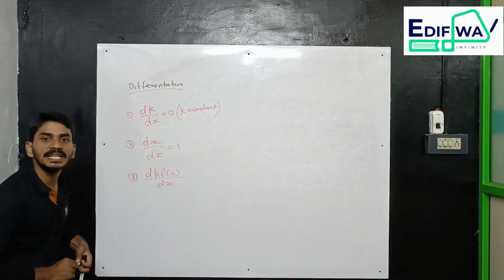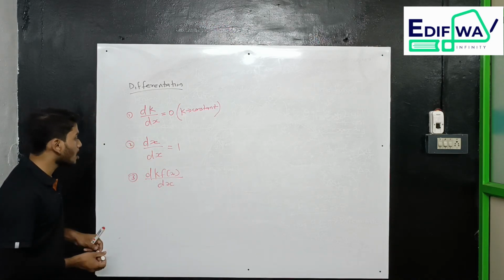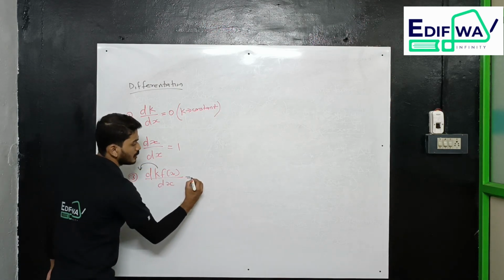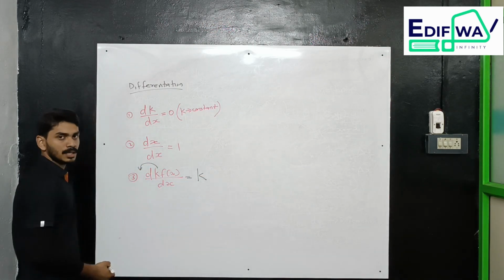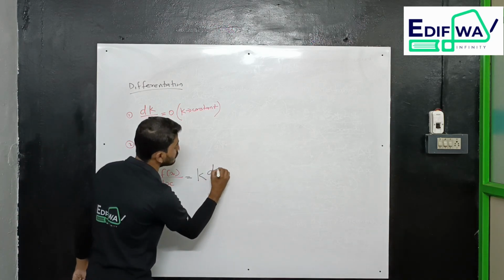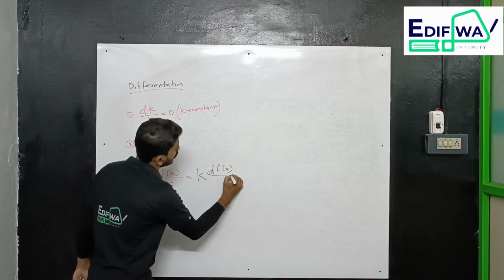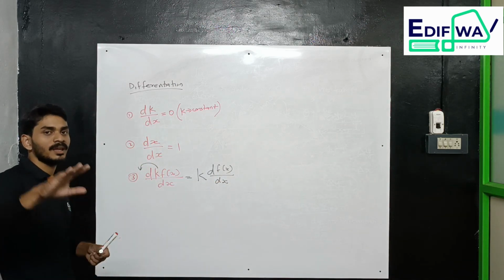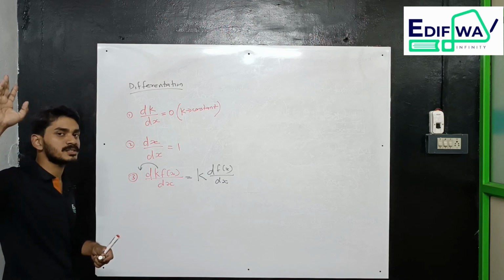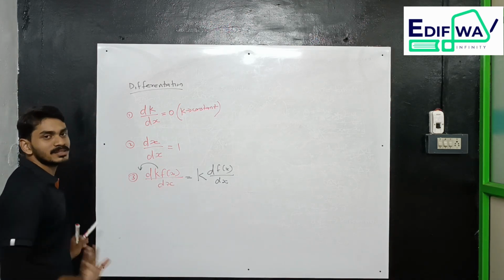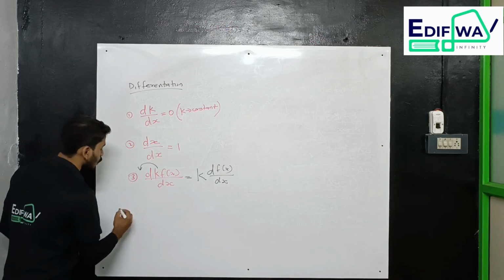So what can you do? You can take the k outside, and find the derivative of the function alone, that is derivative of f of x with respect to x. Don't think too much and don't get stressed. It's very simple. Just focus here and learn the formulas.